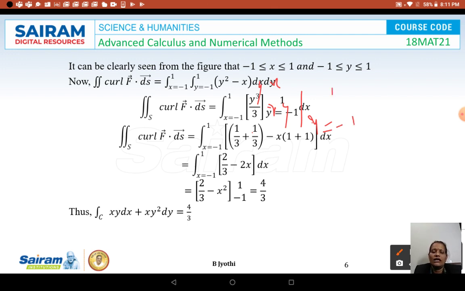Again, when we substitute the limits, we get 1 by 3 plus 1 by 3, which is 2 by 3, minus x times (1 plus 1), which is 2x. Next, again we need to integrate this. What we get here is 2 by 3 x minus x square from minus 1 to plus 1. This on simplification gives 4 by 3.